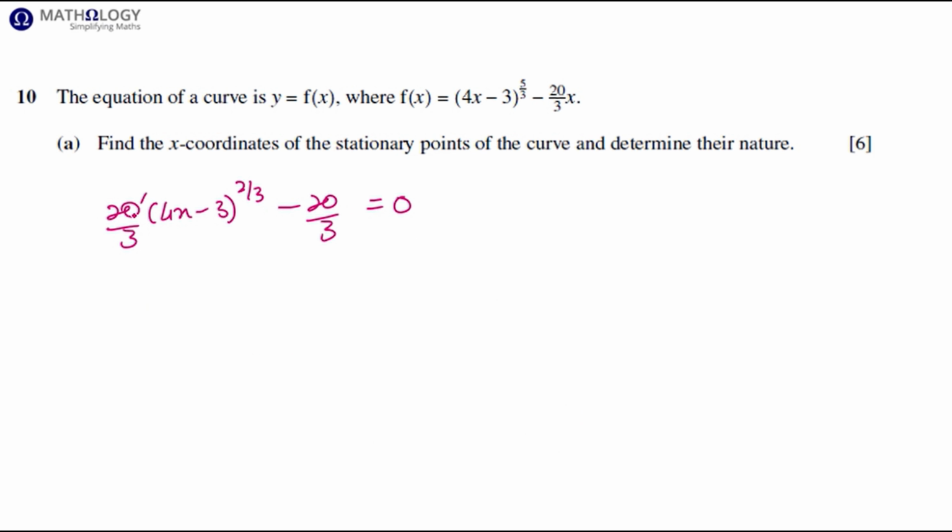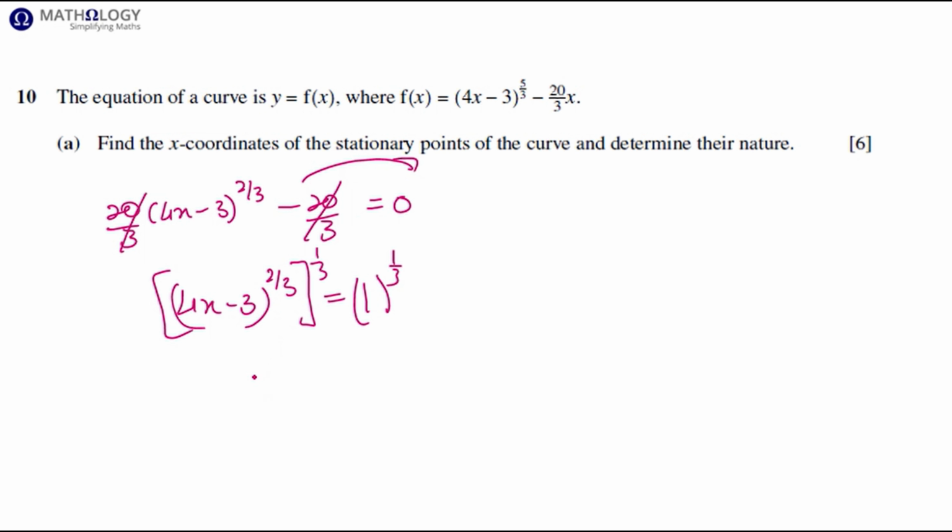We can divide through by 20 thirds because that is a constant. So we'll have 4x minus 3 to the 2 thirds, taking this term across, equals 1. Now we're going to raise this to the third. So 4x minus 3 all squared will equal 1.